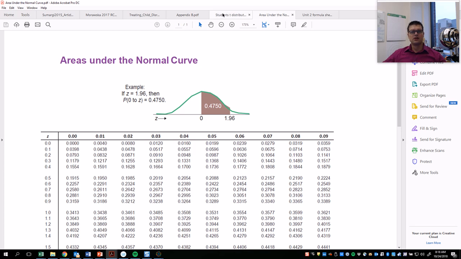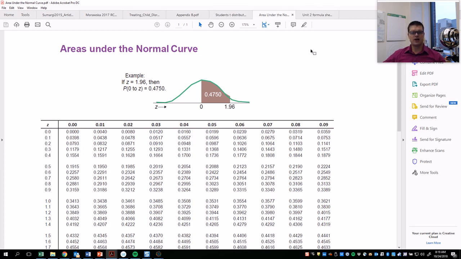Okay, so that's what we're going to do here. We want a 95% confidence interval. What that means is we want to have confidence in the mean value that we calculate. 95% confidence in that value.